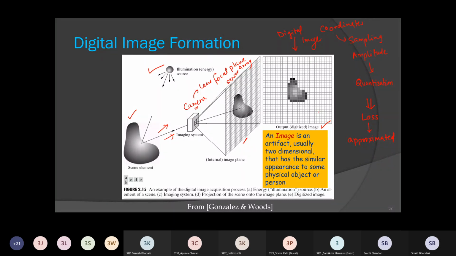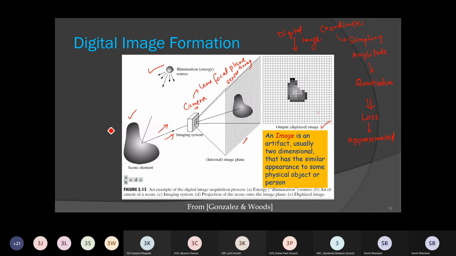Usually quantization uses analog to digital converters. You must have studied ADCs, analog to digital converters, in electronics. You had an electronics course in your first year, I guess. So you must have learned about analog to digital converters, or ADCs, correct?